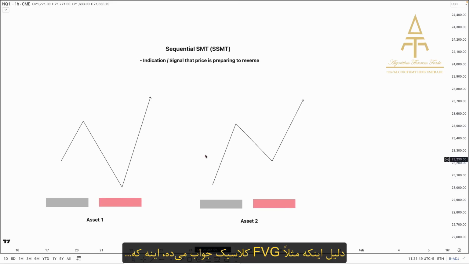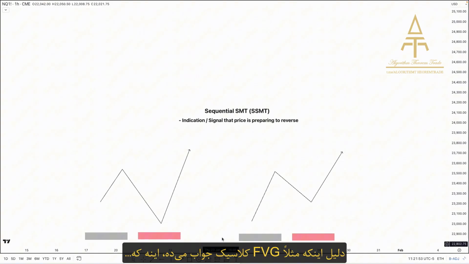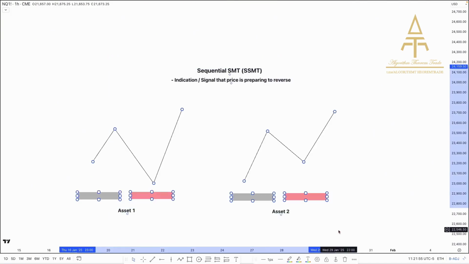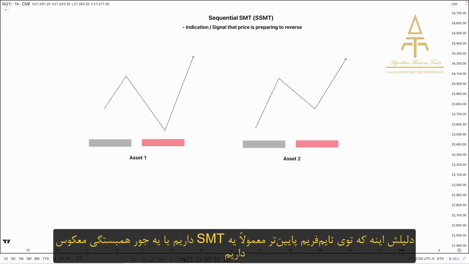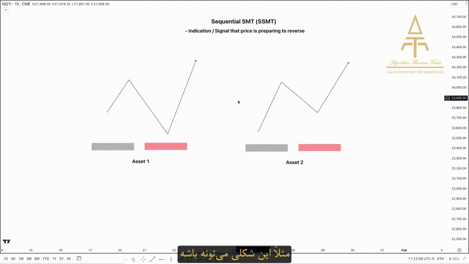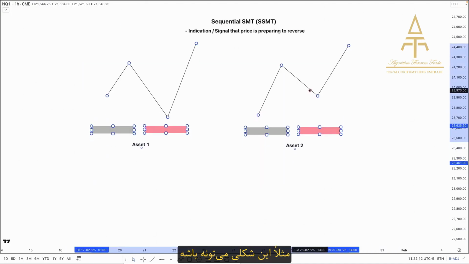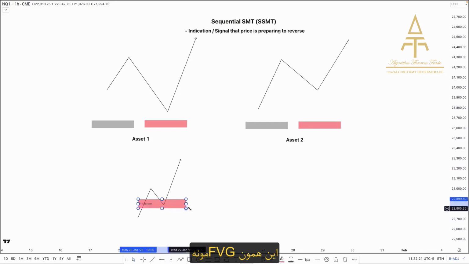The reason that your classic fair value gap, for example, works is because on the lower time frame there would be an SMT or some sort of cracking correlation. So what that may look like is this, where we have price trading into a fair value gap. This is our fair value gap.